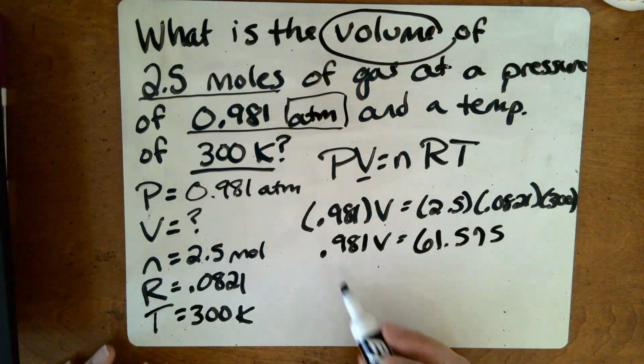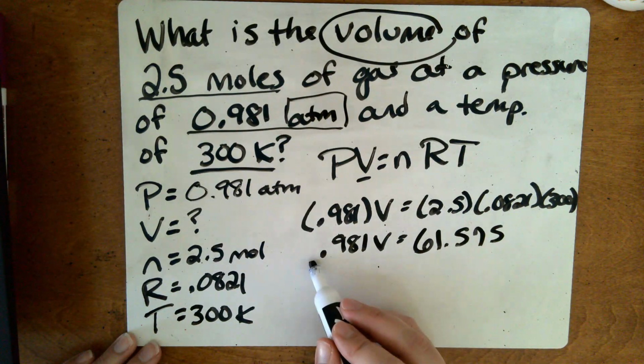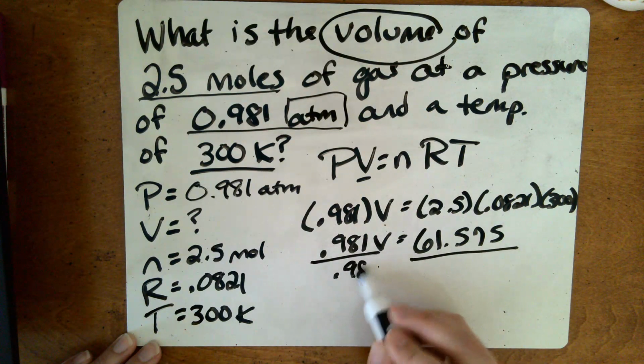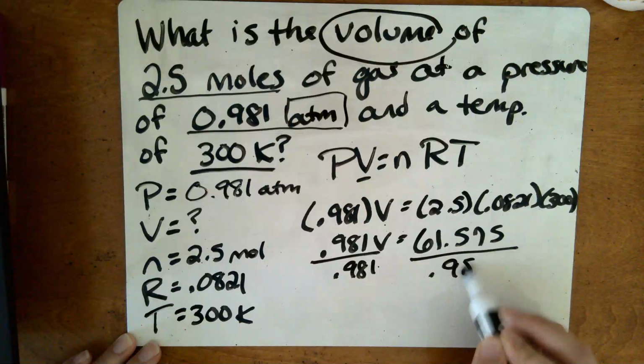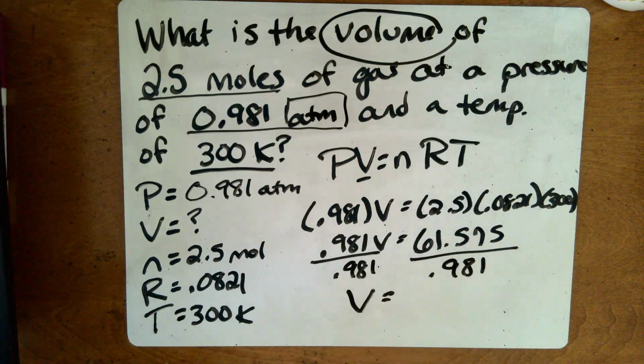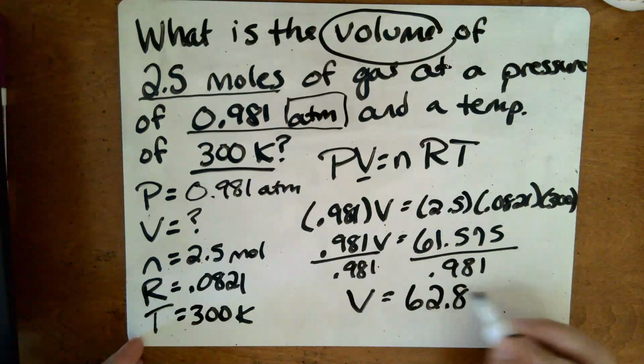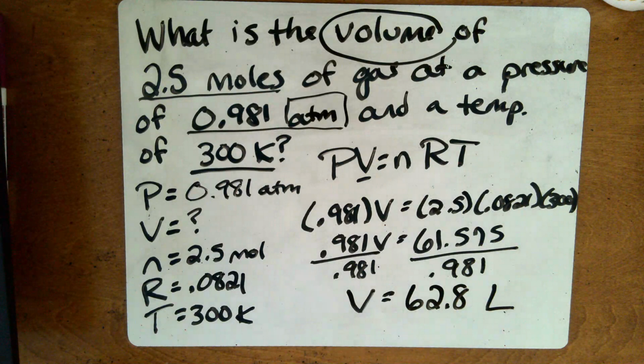Then I'm going to divide both sides by 0.981 to isolate volume, and I get that volume is 62.8 liters.